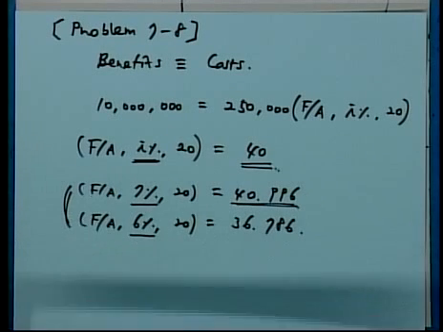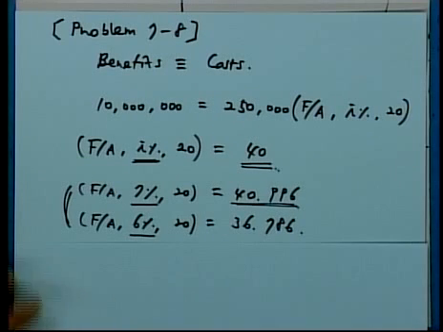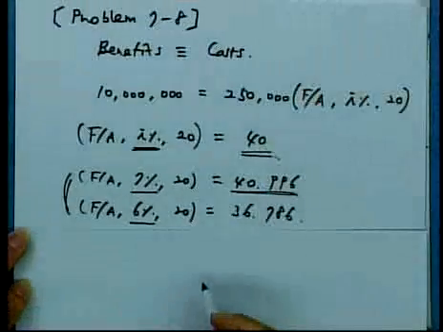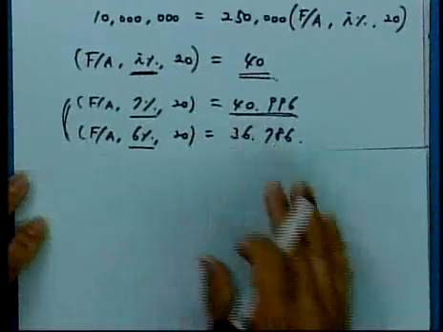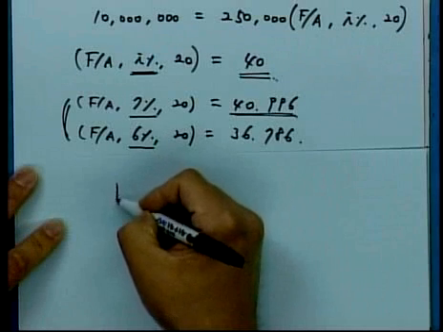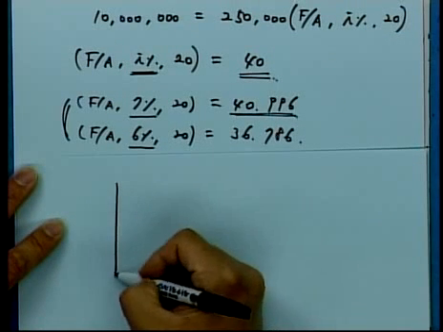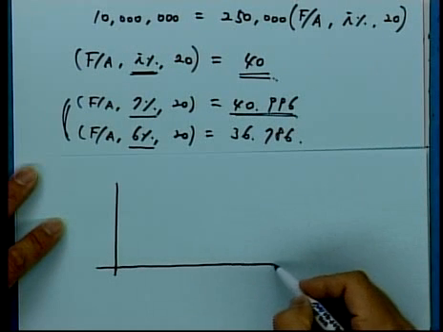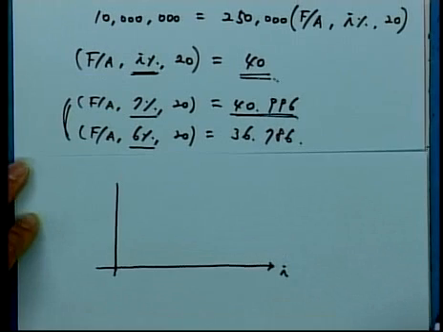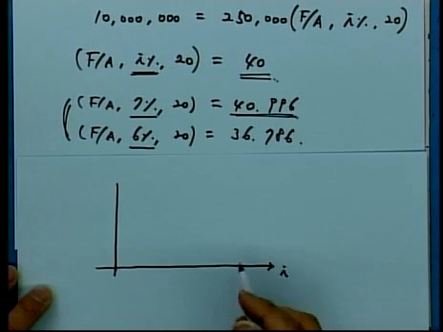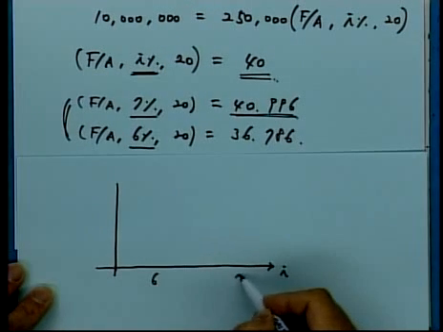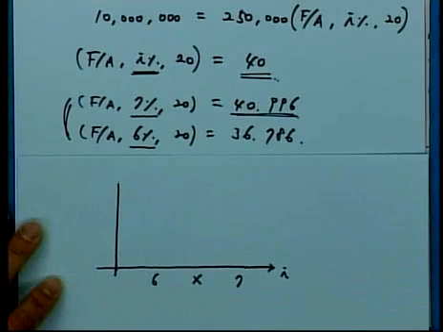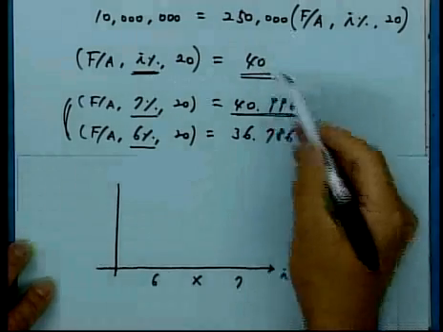So again, based on these values, we can sketch a very simple diagram. The horizontal axis is the internal rate of return, 6%, 7%. Somewhere between there is an X% that corresponds to 40.